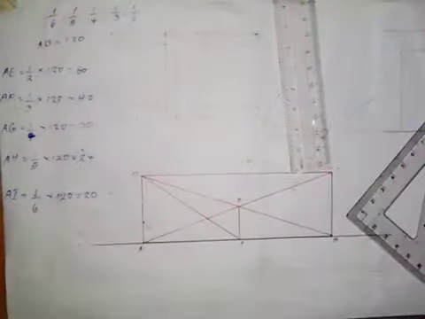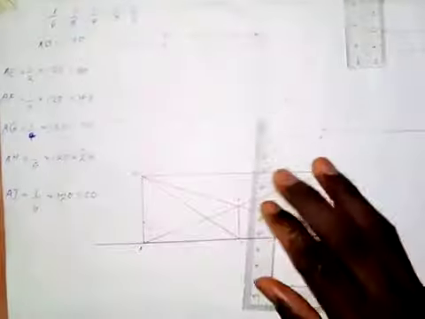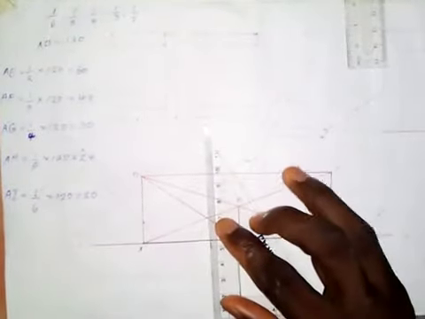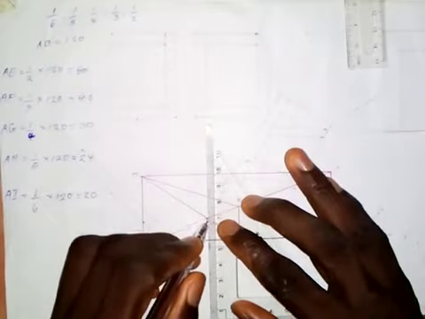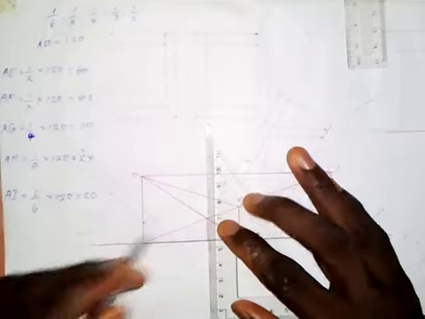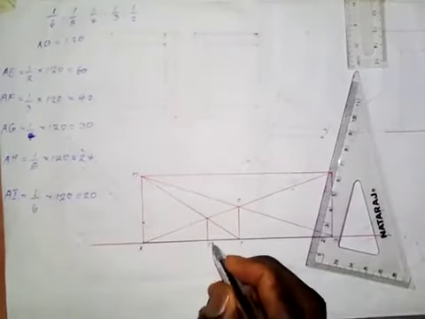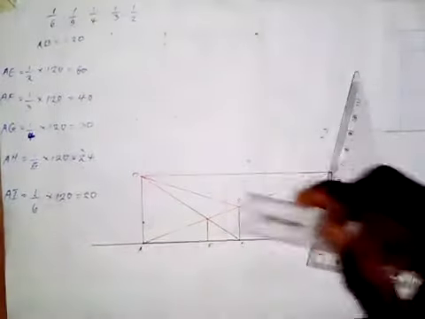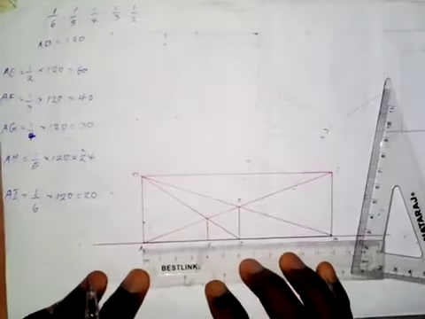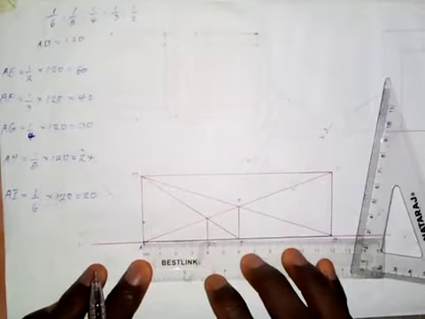From this point, I will draw a vertical line down onto AB. This is point F on AB. Taking the measurement from A to F, AF is 40 millimeters, as you can see here.